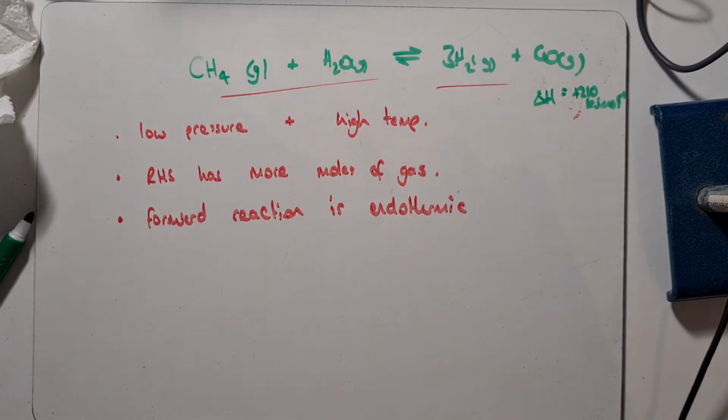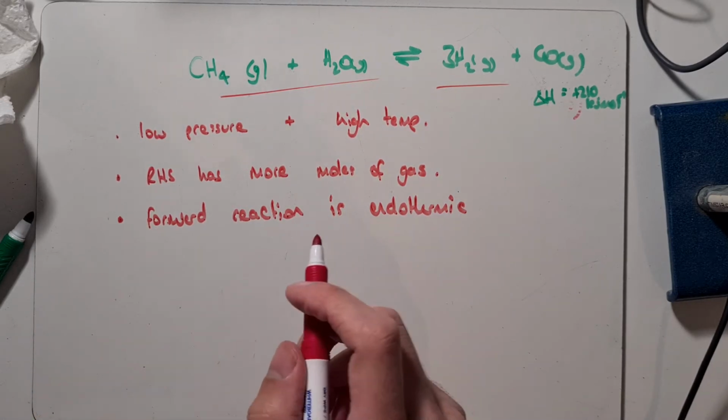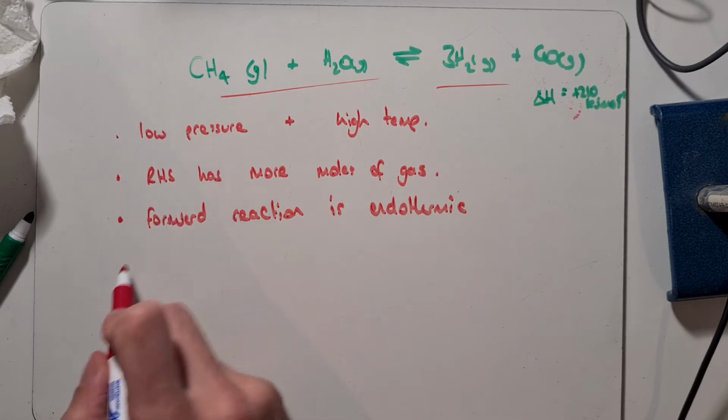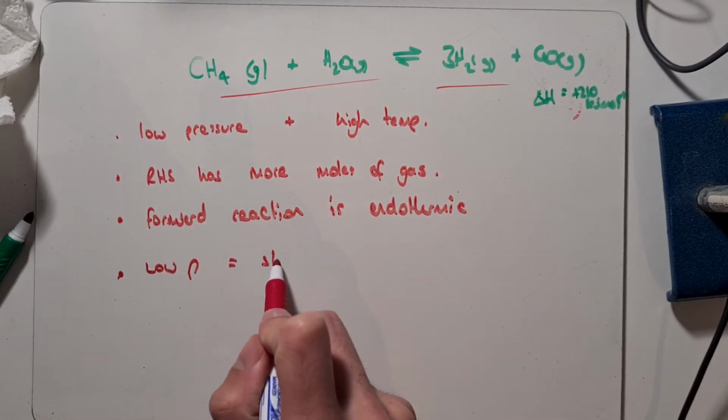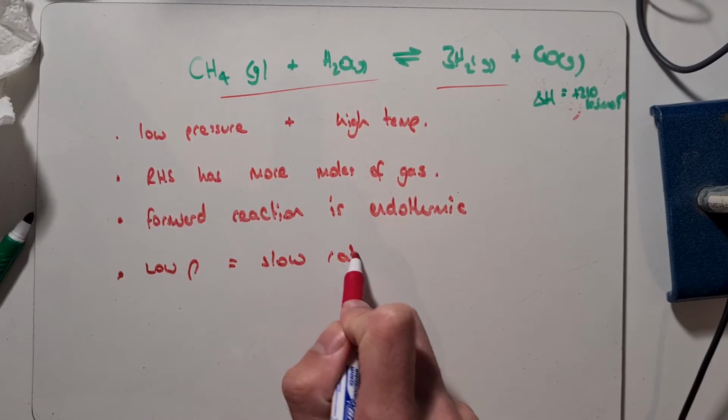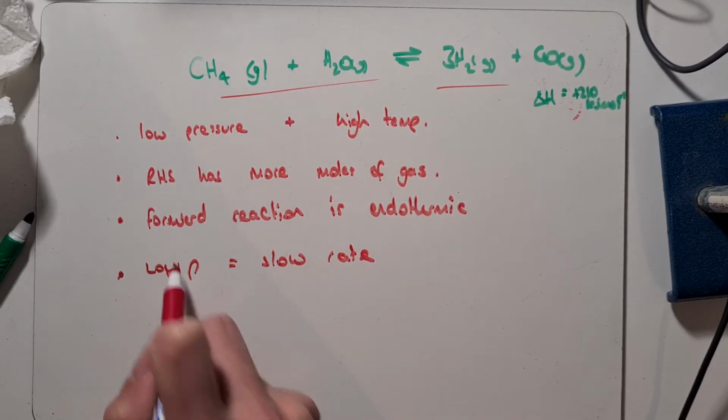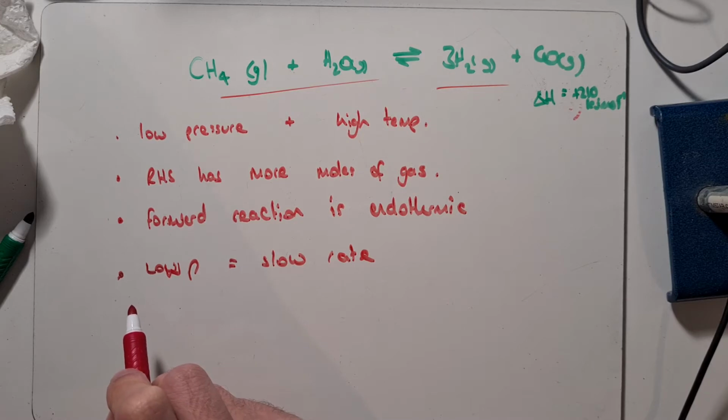Then it asks why operational conditions might not meet this, and you could have 2 for these. If you use low pressure, you'll get a slow rate because we might not have as many frequent collisions as we like.